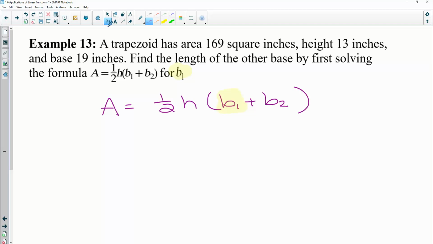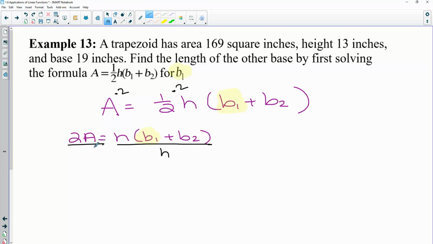So the first thing I see is I have a 1/2 in front. How would you get rid of a 1/2? Multiply each side of our equation by 2. So we get 2a equals h times b sub 1 plus b sub 2. I'm trying to get to that b sub 1. So what's the next thing we need to do? You can either distribute or divide by it. I heard divide first, but there are multiple ways.